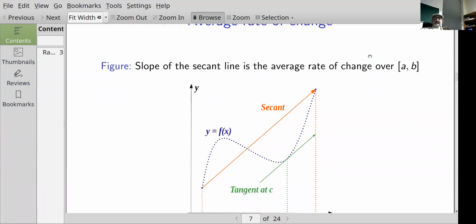And if we draw wherever the point a, f of a is, and then we draw a line from there, called a secant line, to the point b, f of b, that gives you an average rate. The gradient, or the slope, of that secant line is called the average rate of change for the function over the closed interval from a to b.